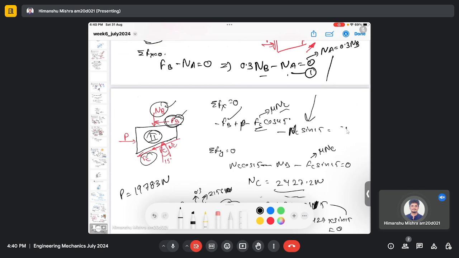You write down the force and moment balance equations to calculate the unknown force P. So these two blocks actually share the common normal reaction force at B, which is NB here. This is the reason we can separate the blocks, and on each block separately we can do the force balance analysis alone.